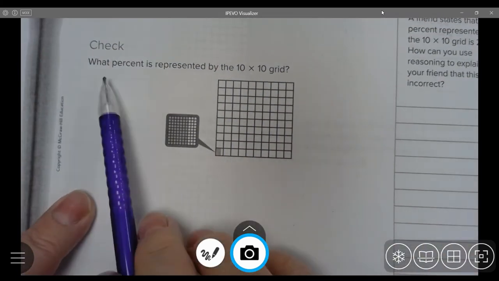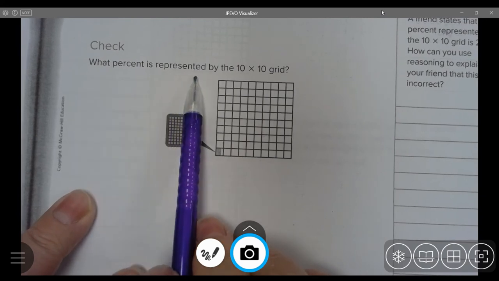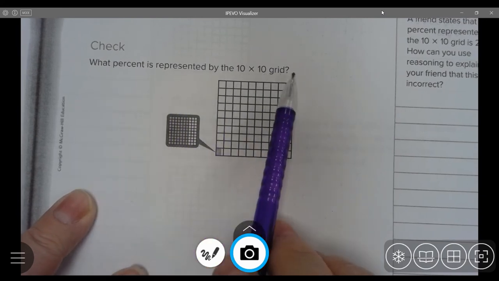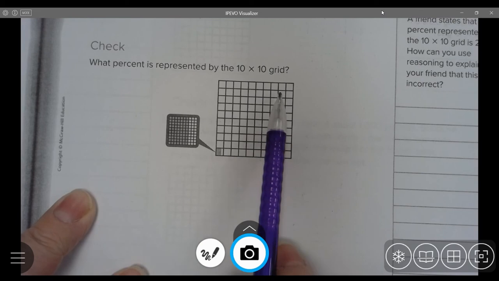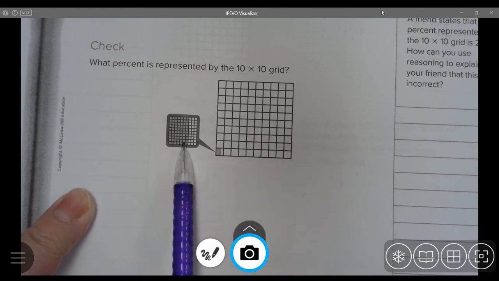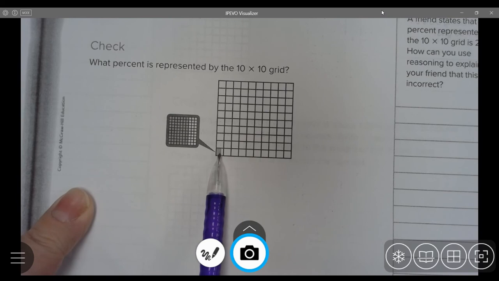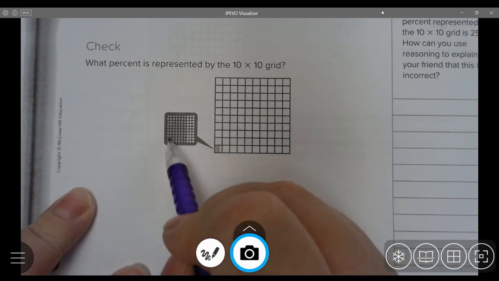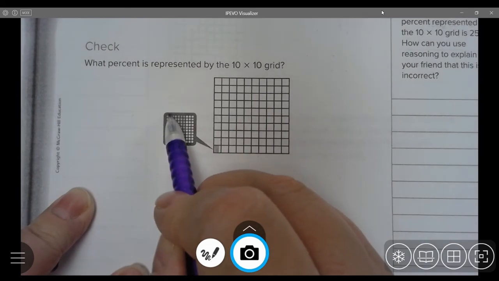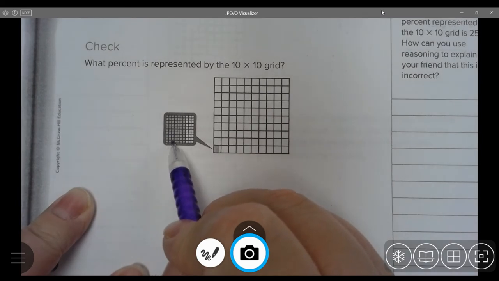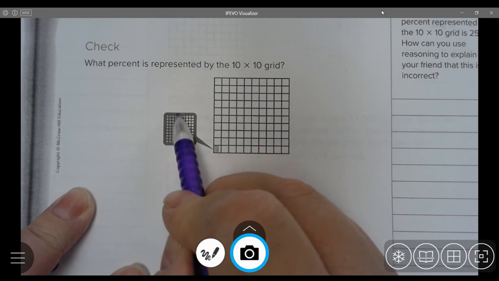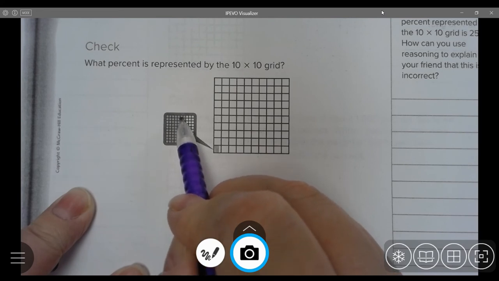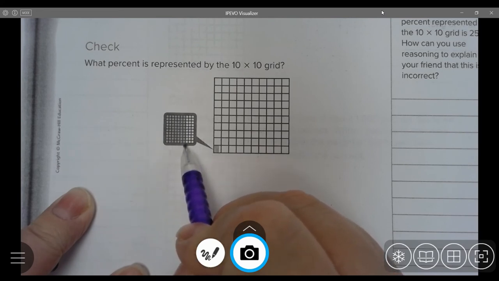Page 89 still. What percent is represented by the 10 by 10 grid? So we have a 10 by 10 grid. This smaller part is within a 1% square. So we would count up 10, 20, 30, 40, 50, 60, 70.